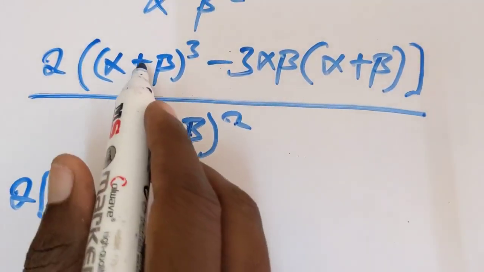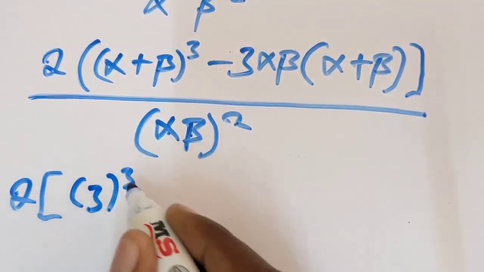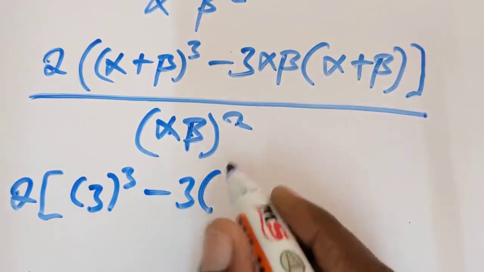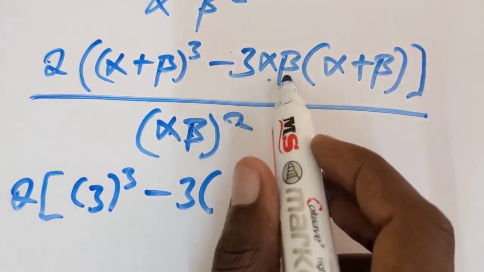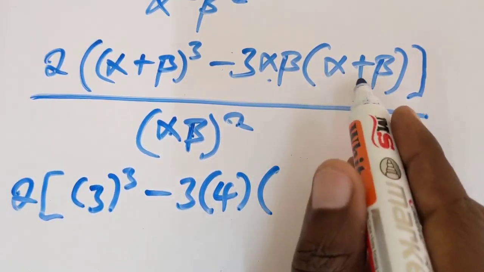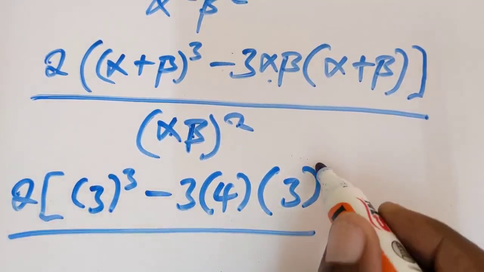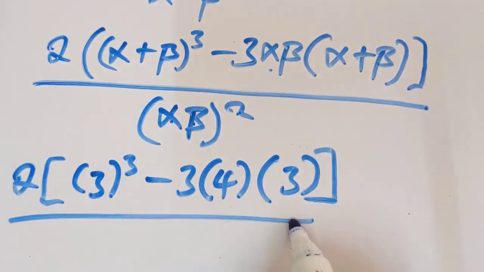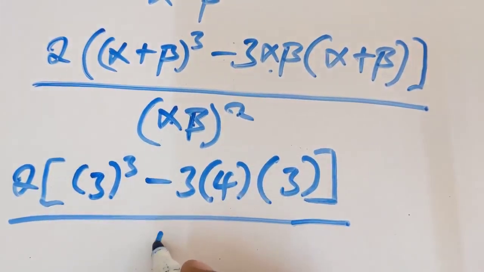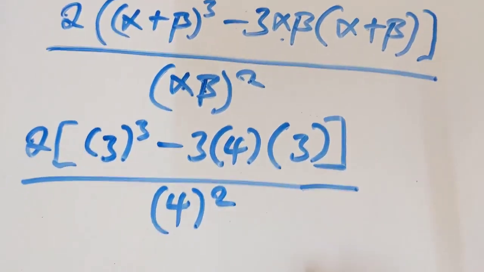So you say 3 to the power 3, then minus 3 times 4, then here this part we know that it is just 3, like that, over, and you know that this alpha beta is 4, so it is to the power 4 like that.